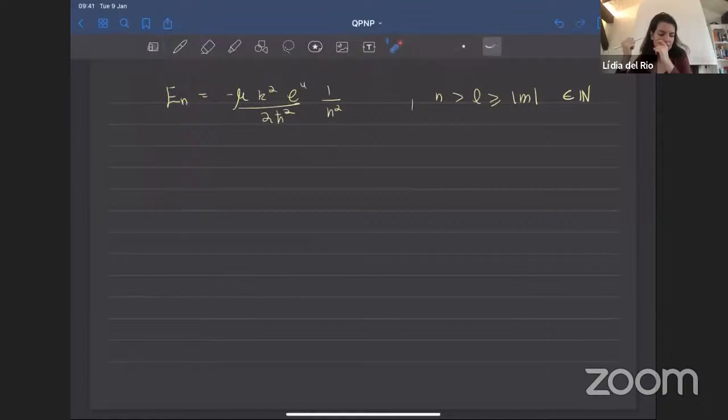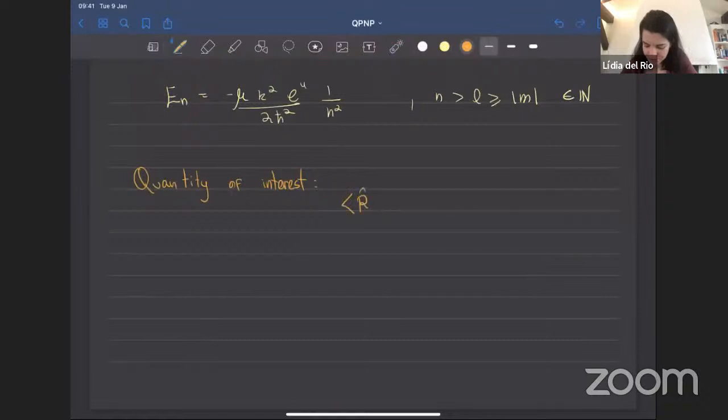So suppose that we want to know, say, the average radius of the atom for a given energy level. So let's say we have a quantity of interest. Suppose I want to know the average radius, and this is for one given eigenstate. So what is this physically?